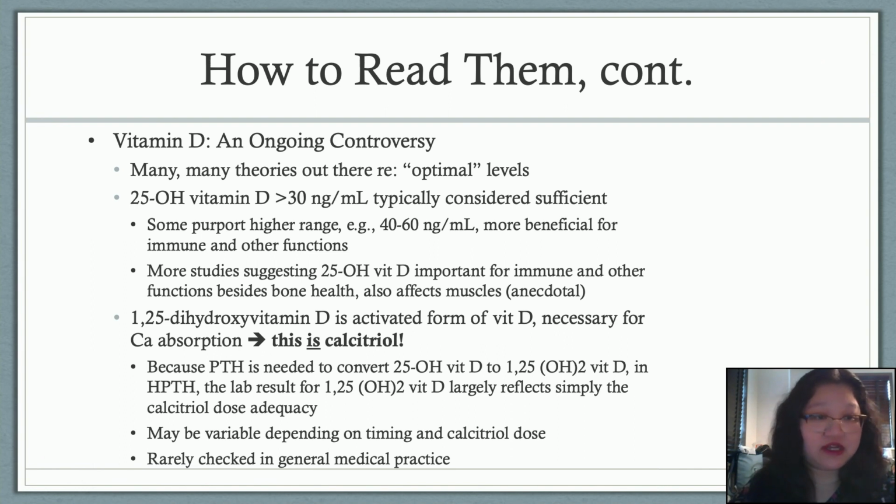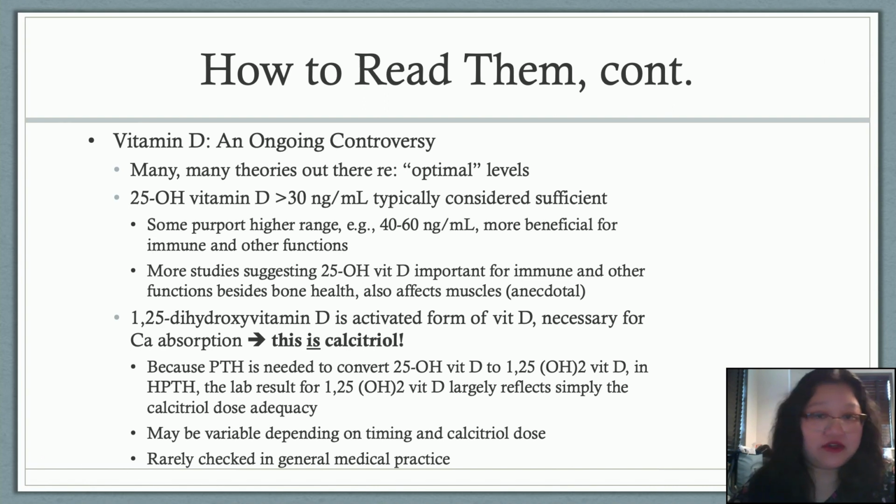because then that can lead to hypercalcemia. The 125 dihydroxyvitamin D is the activated form of vitamin D. It's the form that is calcitriol. That's the form that's needed for calcium absorption from the gut. PTH is needed to convert the 25 hydroxyvitamin D, or parent vitamin D, to the 125 dihydroxy, the activated form.